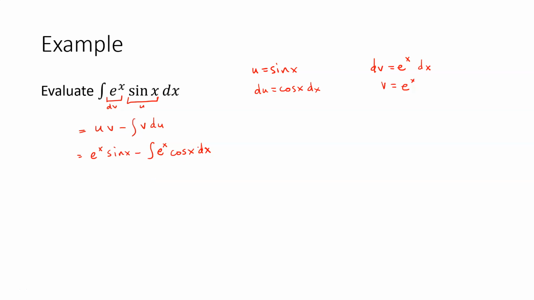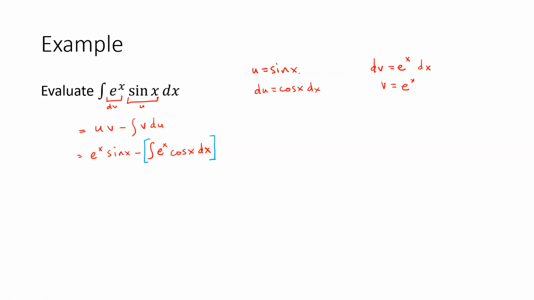And it looks like, again, we wind up with an integral that's kind of in the same form as what we started with, although it's just cosine instead of sine. So I'm going to reapply the rule again, just to this part of the integral. And in this case, I'll stick with the same choice for u and dv.